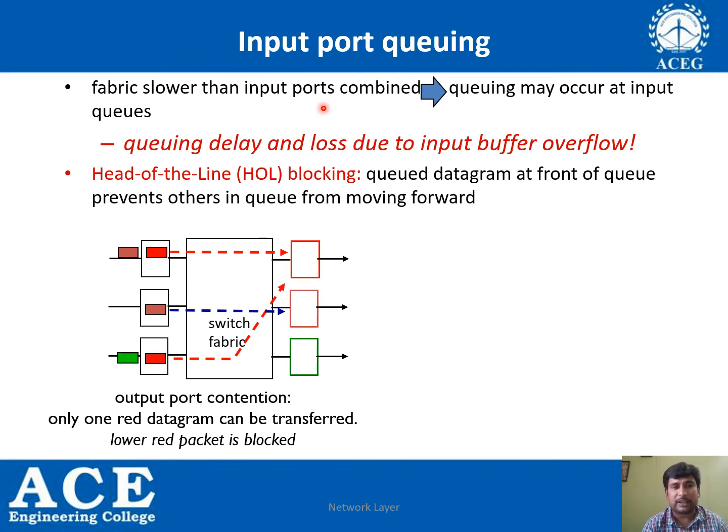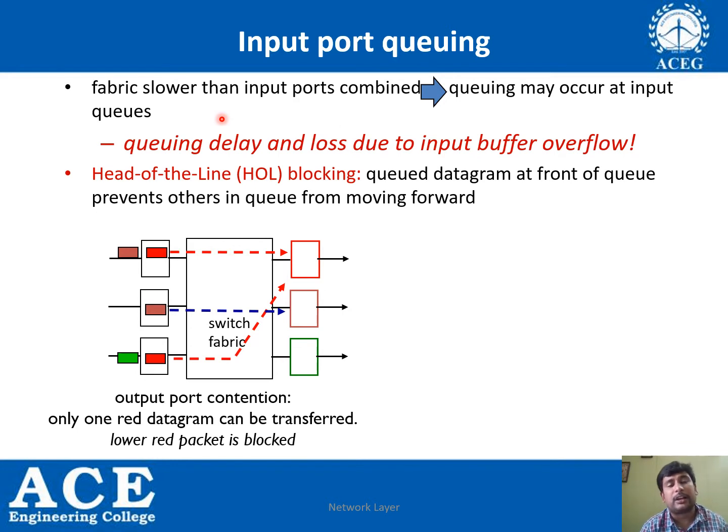In our previous slide we assumed that there are n input ports with a speed of R line, so n into R line is greater than R switch. So the number of datagrams in the input queue will definitely increase, and this results in queuing at the input ports.